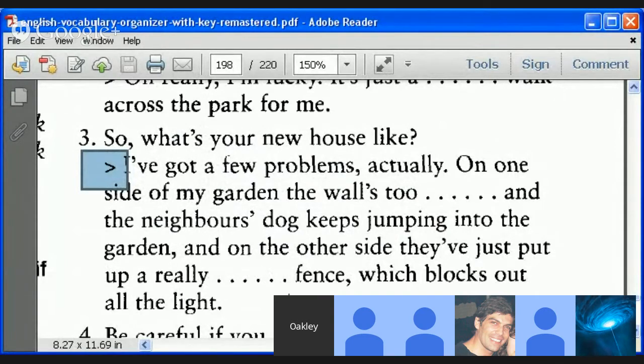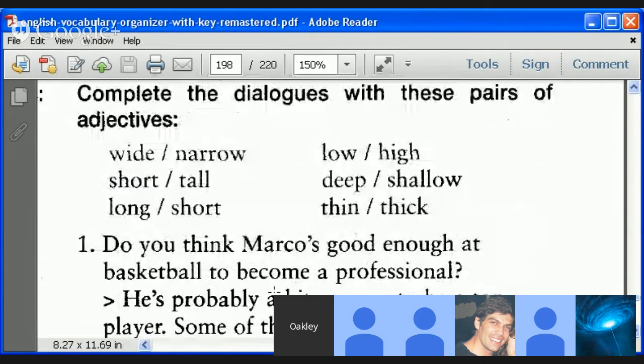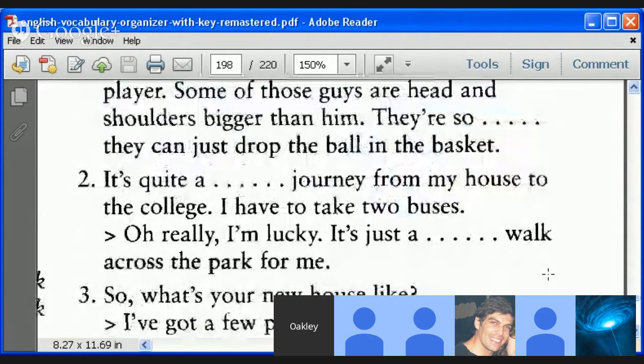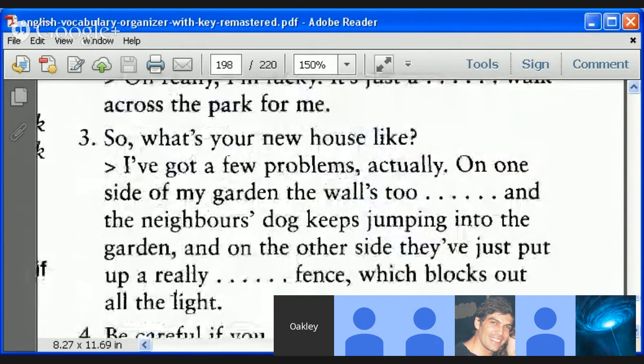On one side of my garden, the wall's too, and the neighbor's dog keeps jumping into the garden, and on the other side they've just put up a really fence, which blocks out the light. Can I check the words again? Yep. Okay, the high fence. Yeah, the high fence blocks out the light.